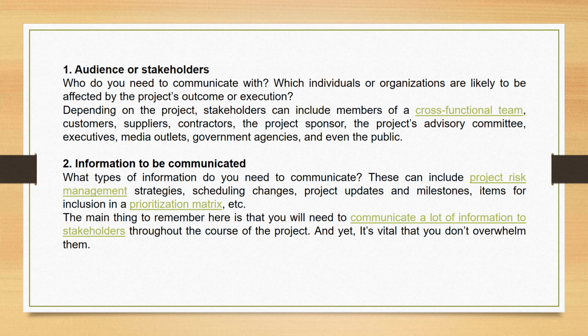What types of information do you need to communicate? This can include project risk management strategies, scheduling changes, project updates and milestones, items for inclusion in a prioritization matrix, etc. The main thing to remember here is that you will need to communicate a lot of information to stakeholders throughout the course of the project.